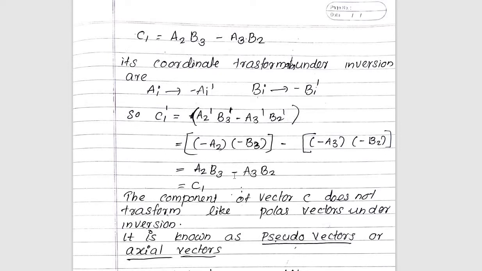This is A2 B3 minus A3 B2, which is nothing but C1. So C1 dash is equal to C1. C1 and C1 dash are the components, not the vectors. So the component of a vector C does not transform like a polar vector under inversion. Vectors whose components transform this way are known as pseudo vectors or axial vectors.